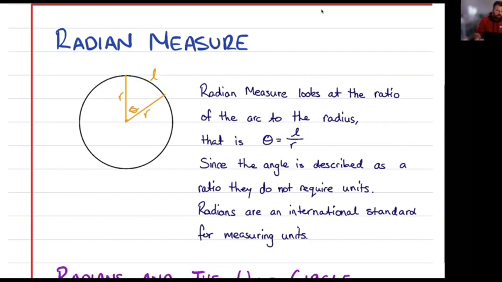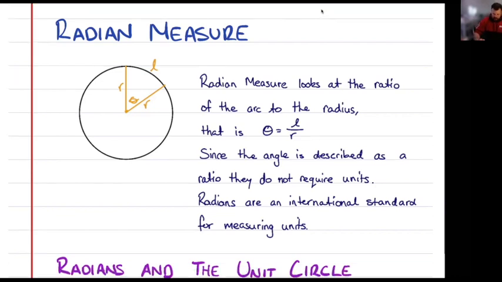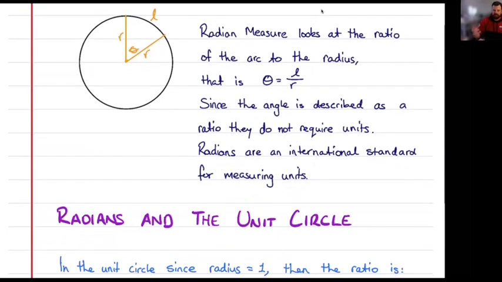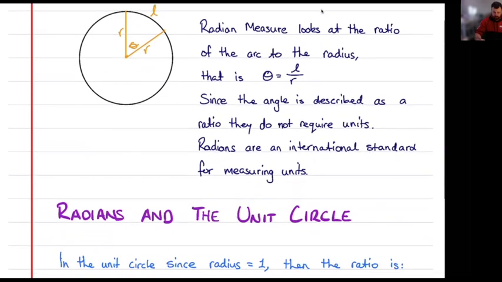Since radians are described as a fraction, we don't need to give them units. And that has benefits to us down the track when we want to introduce calculus and trigonometry together. And just for fun, radians are an international standard for measuring units, particularly units of angles.